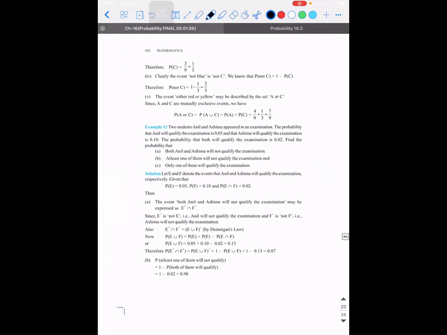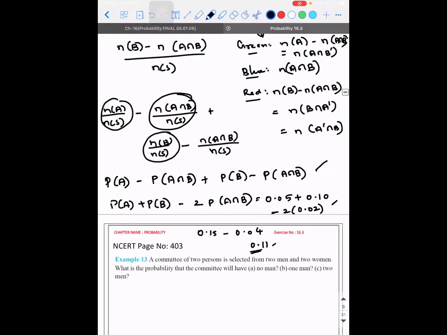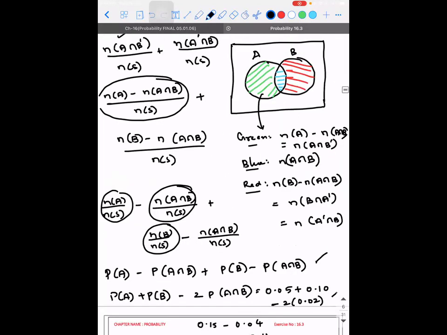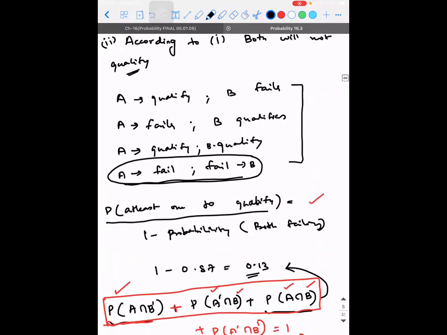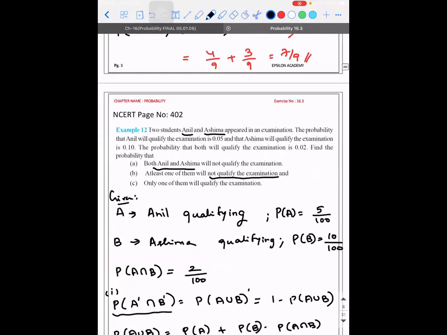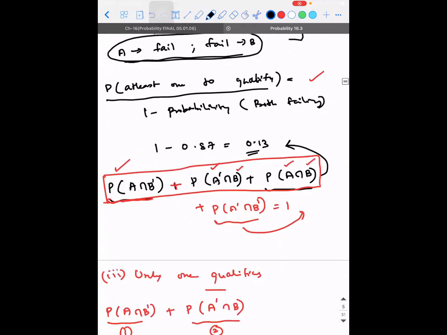Sir, in the B part, they've asked at least one person does not get qualified. So that means at least one does not qualify. Yes, sir. But I'm getting confused.